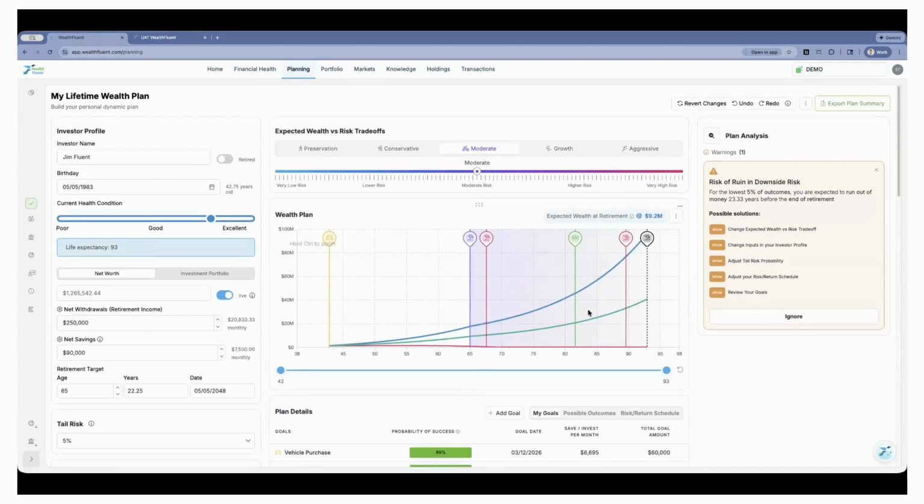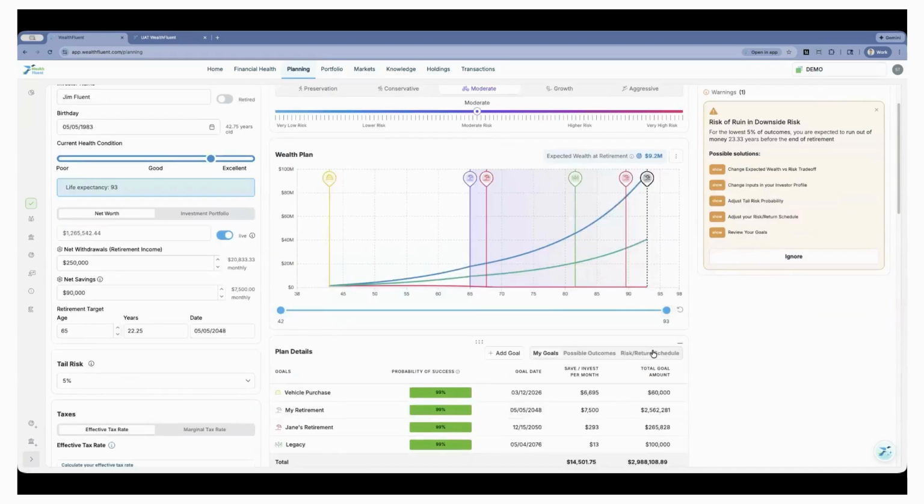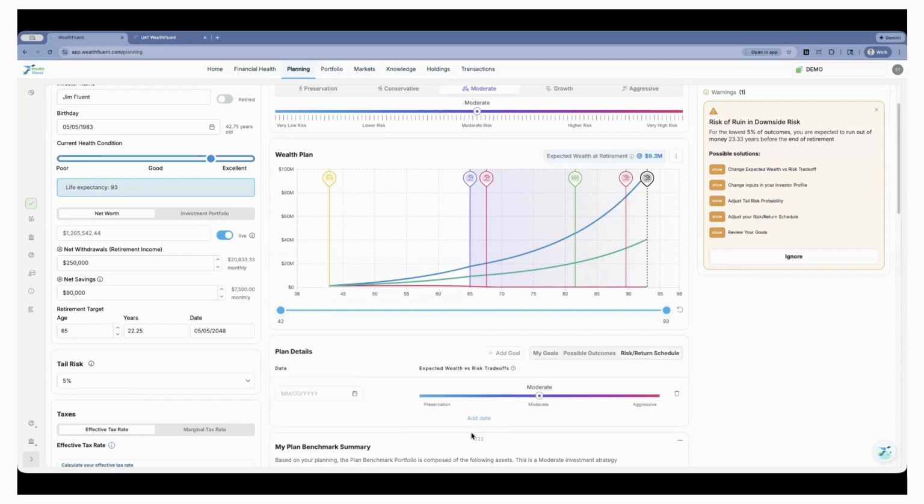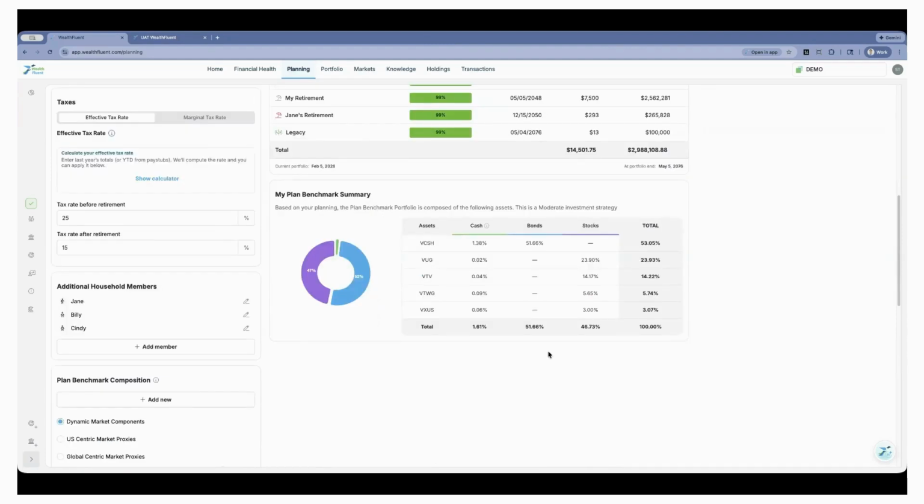Another way to deal with this risk of ruin problem is to put in a schedule where you actually can change that expected wealth versus risk trade-off into the future. So you could de-risk or increase risk in the future to try to find a solution that works for you. And so once you've chosen this plan, what you get is an investable dynamic benchmark of a set of securities from the 16 or so that make up the components of the market.